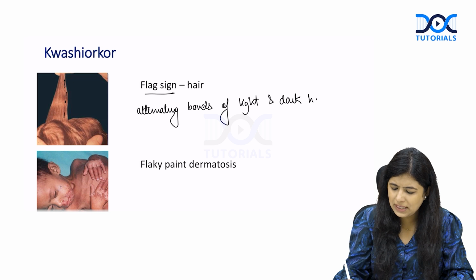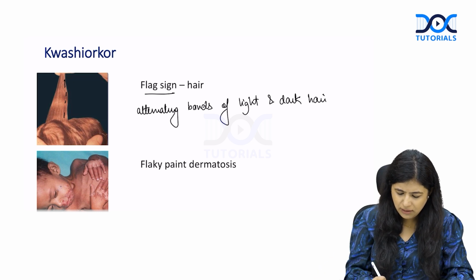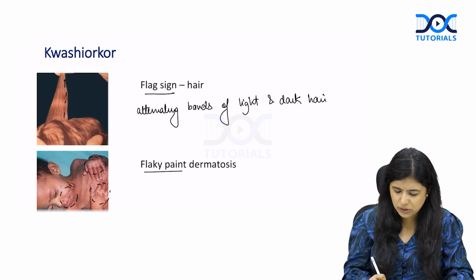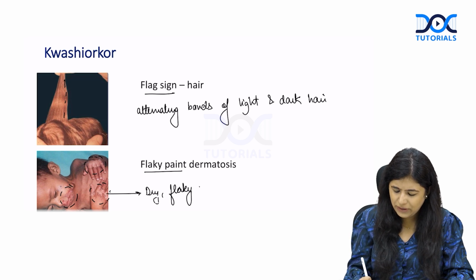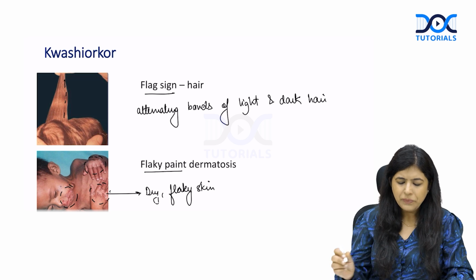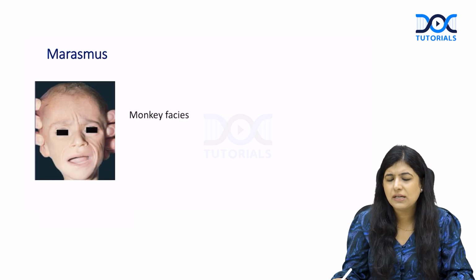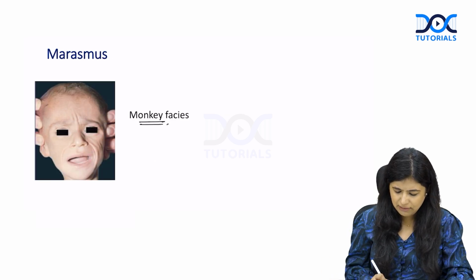This is called as the flag sign. Then on the skin, there is this scaly skin which is flaking off. It is called as flaky paint dermatosis. So what are the things that you see in the image? Dry, flaky skin. Marasmus, the typical facies that we see are the monkey facies.